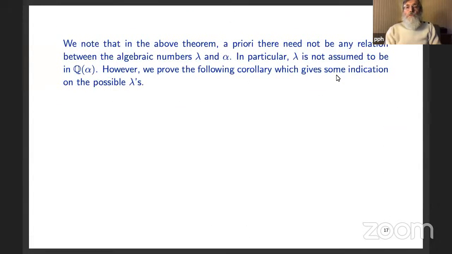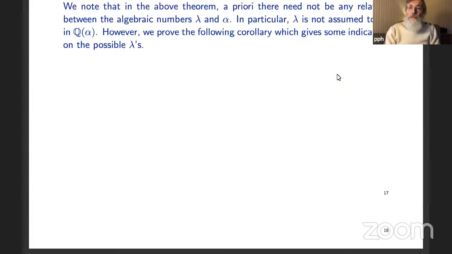Now, when we look at the previous theorem, there is a priori no relation between the lambda and alpha. We have not put any conditions that, for example, alpha belongs to Q(alpha) or something like that. But if we pursue a little bit the argument, after the proof of theorem 2, we can prove the following corollary.